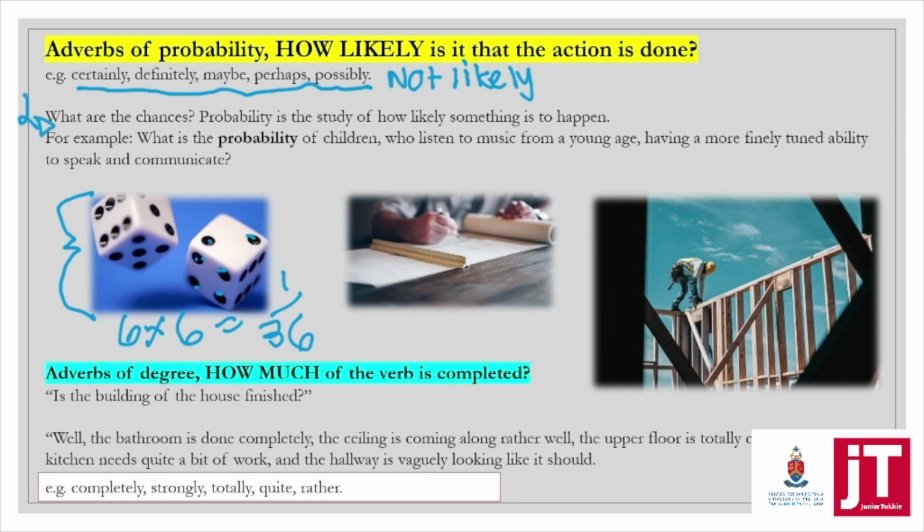So let's have a look at the explanation over here. What are the chances? Probability is the study of how likely something is to happen. For example, what is the probability of children who listen to music from a young age having a more finely tuned ability to speak and communicate? The answer might surprise you. It's actually 100%.